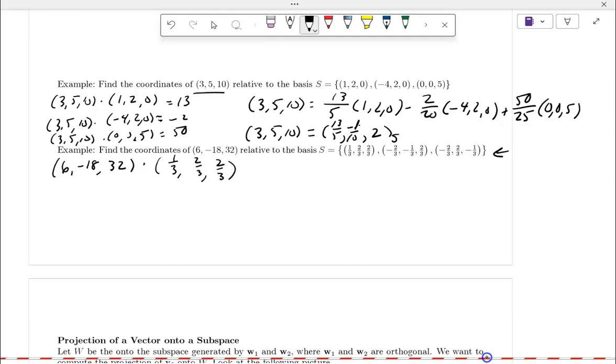When I made this example, I would have not made a 32 because it would have canceled out 3. What do we get? 2, when we do the first product, negative 12 for the second product. So 2 minus 12 will give us negative 10, and then that's 64 over 3. Negative 10 is 30 over 3, so negative 34 over 3 for that one.